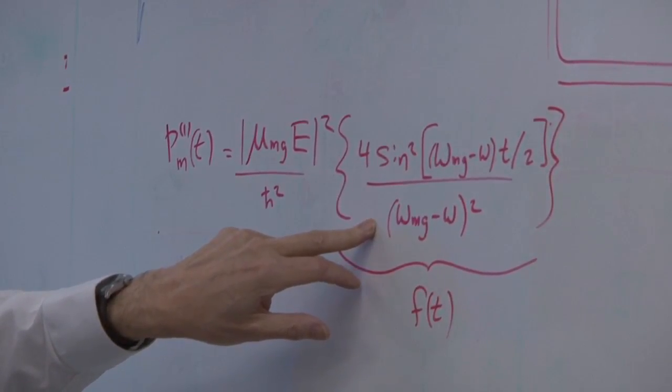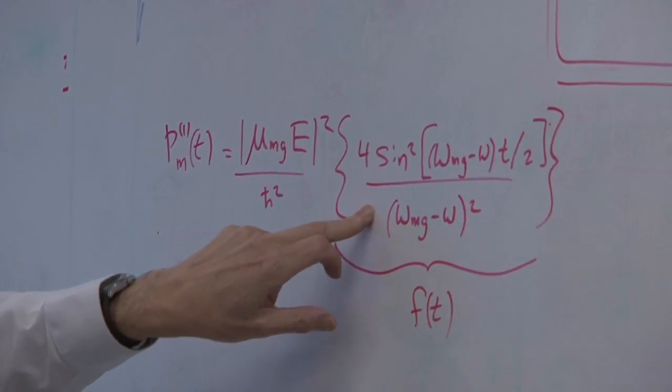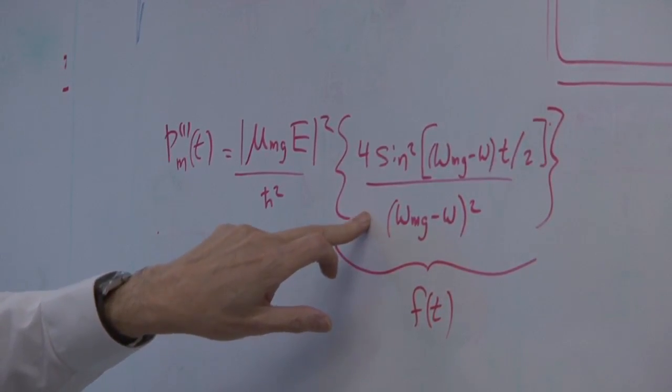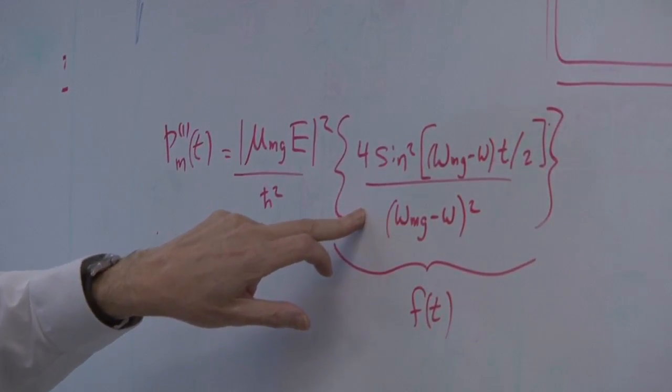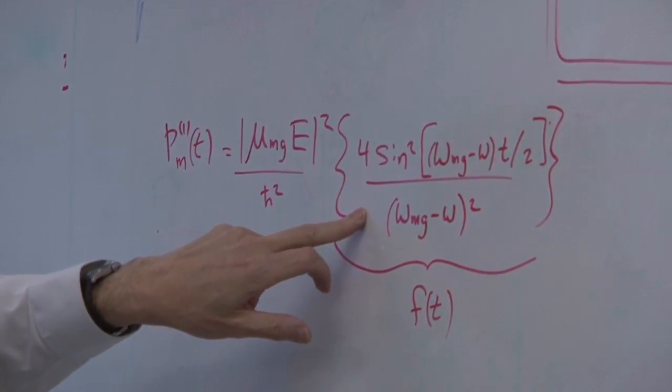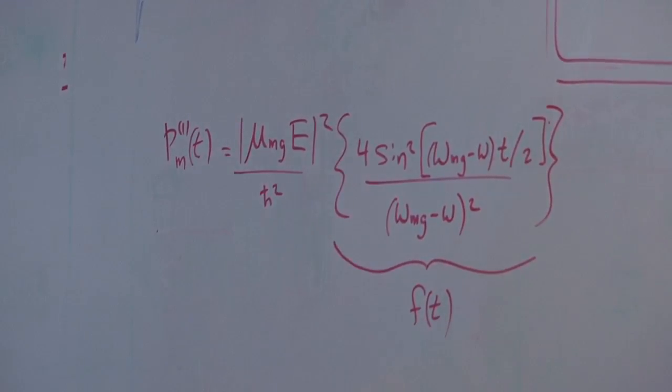Fooling yourself is never a good idea. Right? Obviously, this is divergent, but we're going to fool ourselves into thinking it isn't. And I guess this was Fermi's contribution, to find one way to circumvent this problem here.